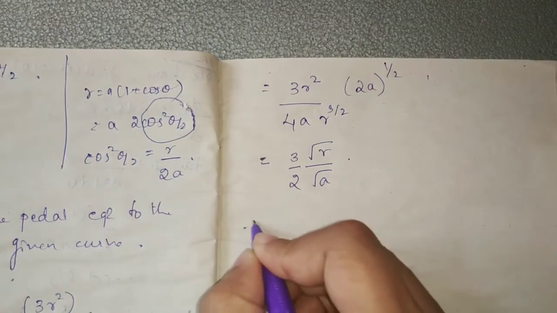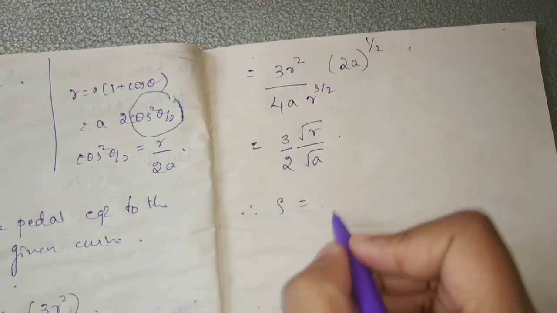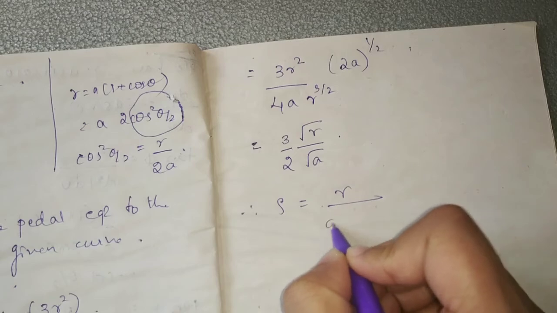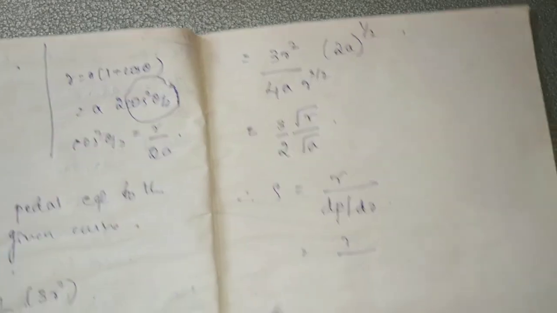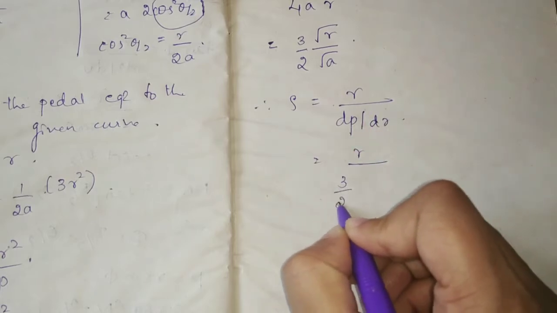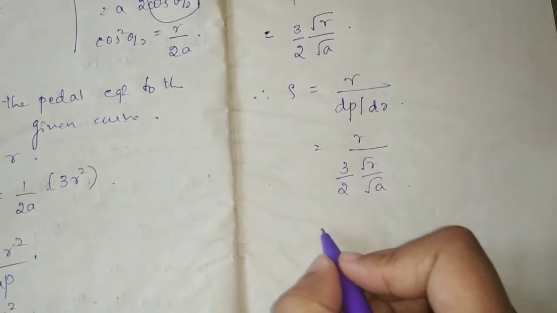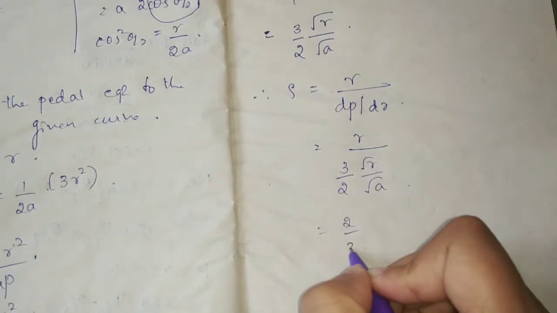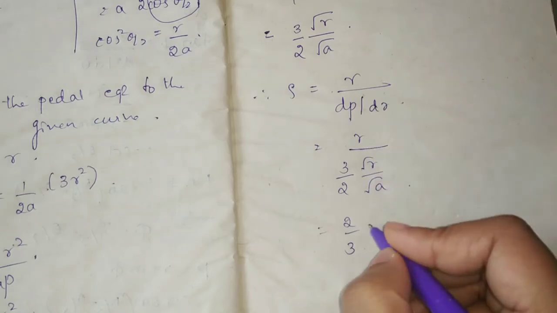Okay. Therefore, radius of curvature rho equals, according to the formula, r divided by dp by dr. R divided by, substituting the value of dp by dr, 3 by 2 root r divided by root a, which is 2 by 3 r divided by root r.